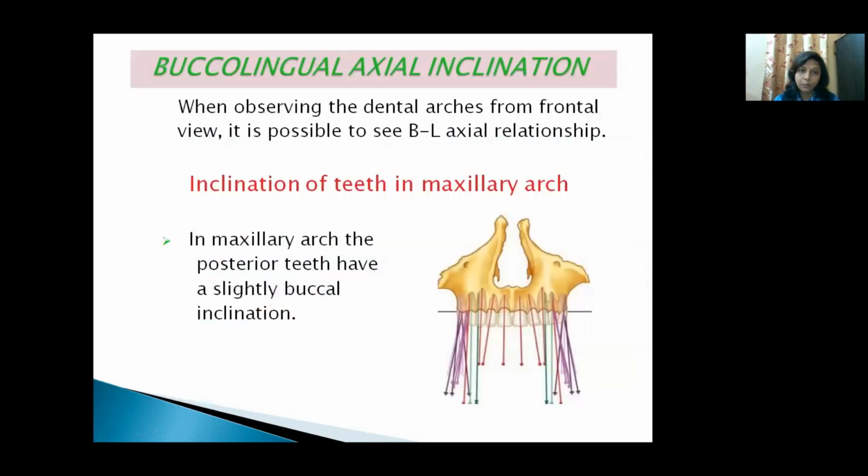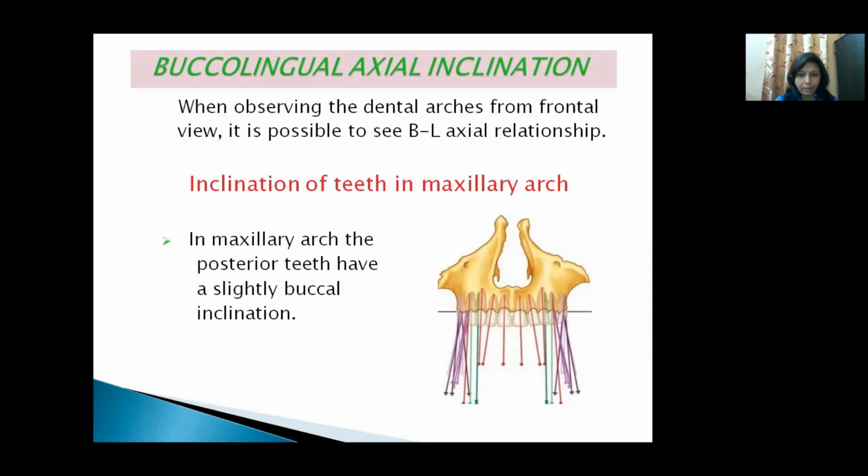Then coming to the buccolingual axial inclination, when we observe the dental arches from the front view, we can see the buccolingual axial inclination. In the maxillary arch, the posterior teeth have a slight buccal inclination, and the anterior teeth also have a labial inclination.